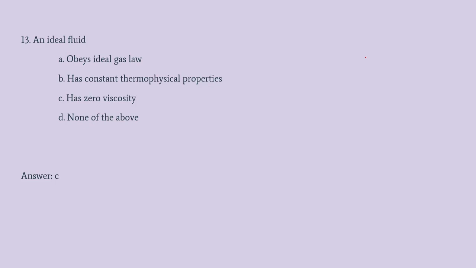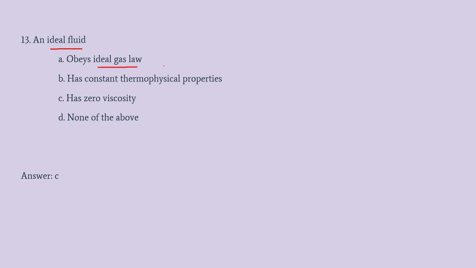No eddies are located in an ideal fluid, and the velocity follows a steady-state profile, constant with respect to time at every point. Amongst those properties, option C is the one that satisfies that it is inviscid, that is, it has zero viscosity. Okay, thank you.